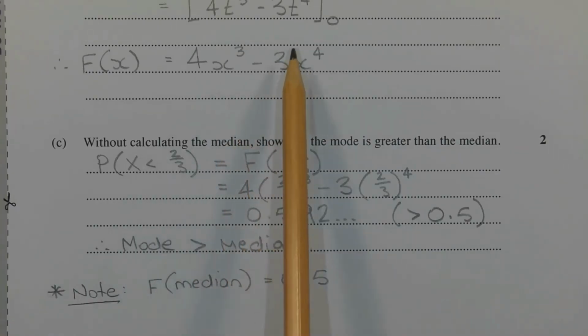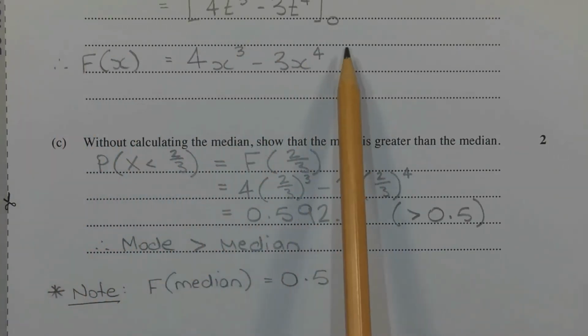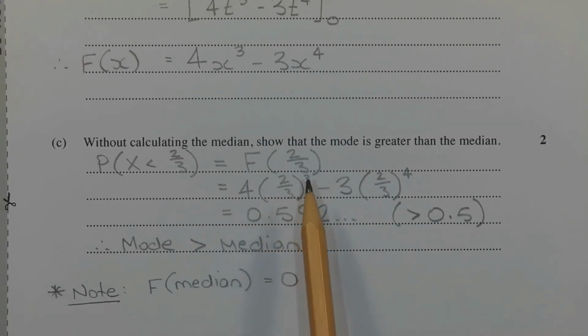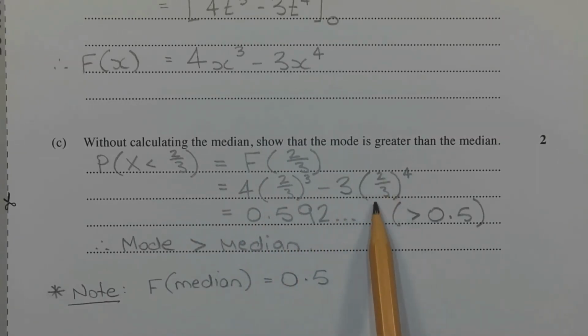So using the cumulative distribution function from part B and substituting 2 over 3 for x here and here, we get 4 times 2 over 3 in brackets to the power of 3 minus 3 times 2 over 3 in brackets to the power of 4. So evaluating this expression here, we get 0.592 and so on, which is clearly greater than 0.5. Therefore, the mode is greater than the median.